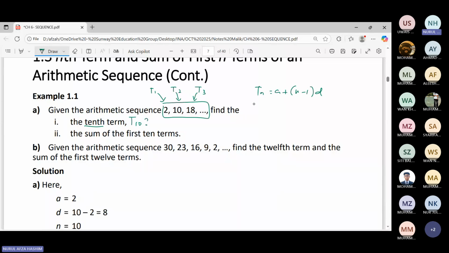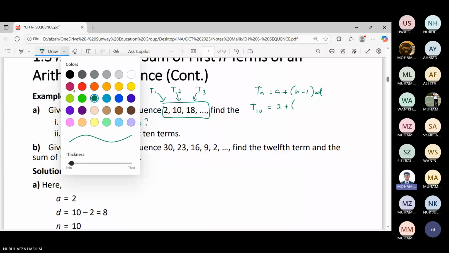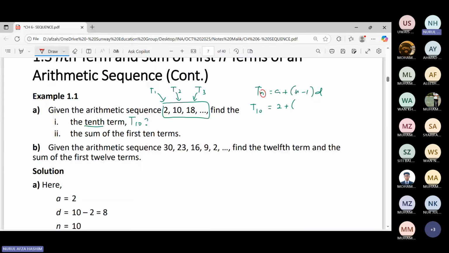When using the formula for T10, what is the a value? a is the first value. N berapa? N-nya 10. Okay, n is 10. 10 tak ada 1 berapa?